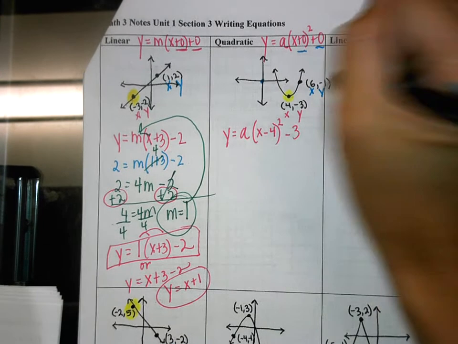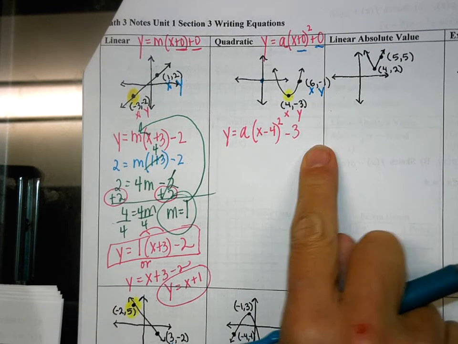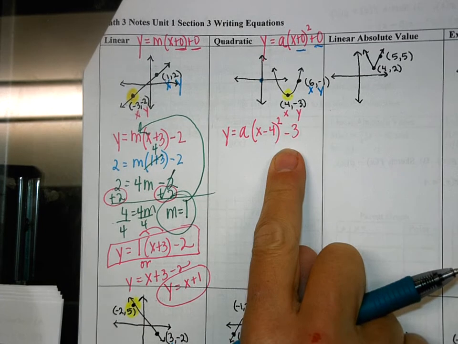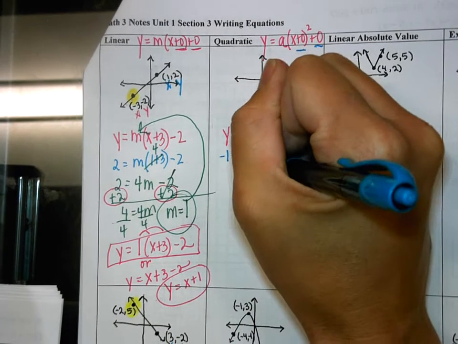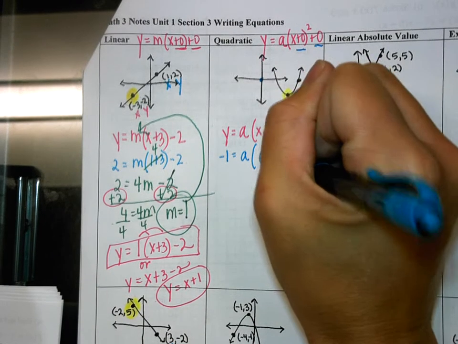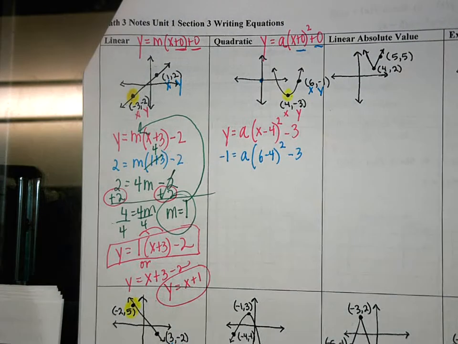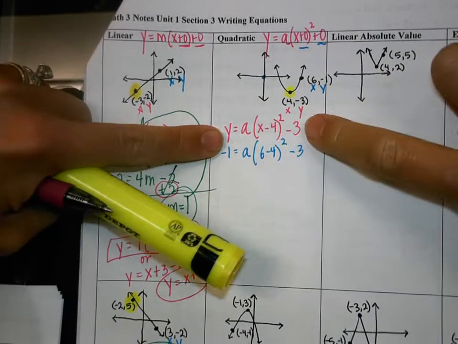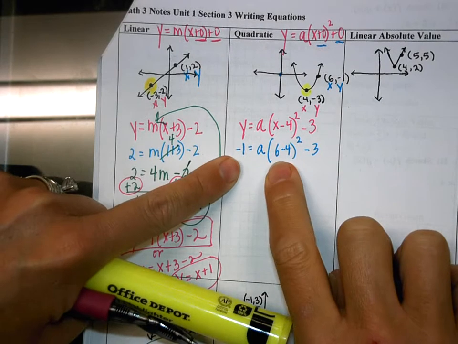So we use the x and y value of the other point and plug it in here and solve for a. So how am I going to write it here? Good. -1 equals a parenthesis. Good. 6 minus 4 squared -3. So all I did was I took this equation that I wrote, but I plugged in these x and y values in for x and y in this equation.